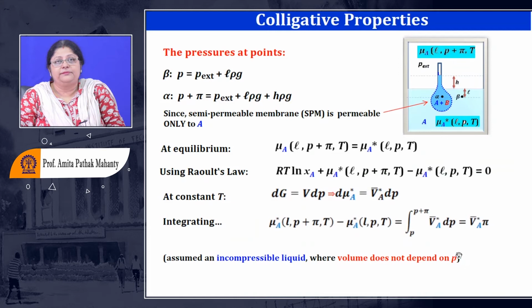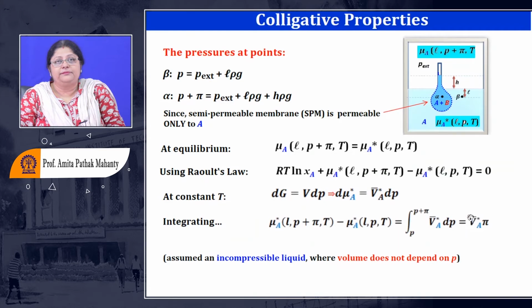Now, if the liquid is incompressible, the volume does not change, so I can take this outside, and this will be what? P plus pi minus P. That will cancel off, P will cancel off, only pi will be left.